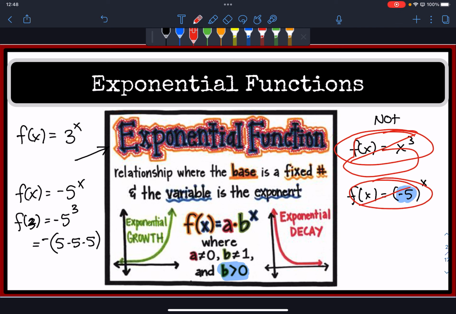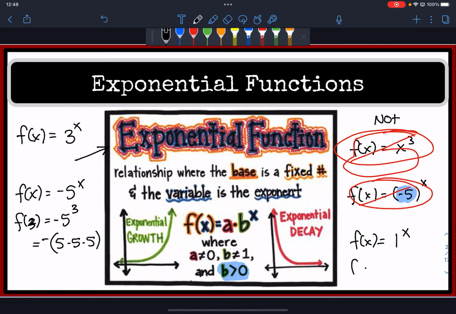Another example of something that is not an exponential function would be f of x equals 1 to the x power. Again, our base has to be any positive number with the exception of 1. Because here, multiplying a bunch of 1's together is not going to give me a curve that grows. It's just going to give me constantly the same value of 1.